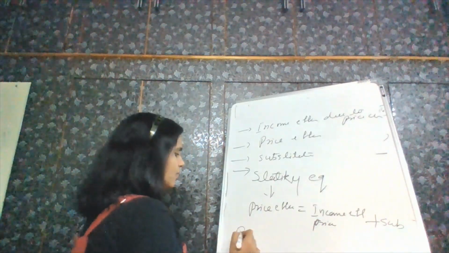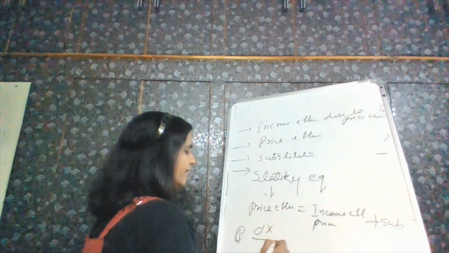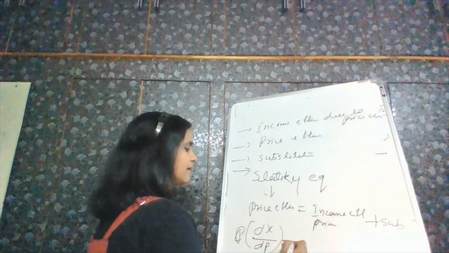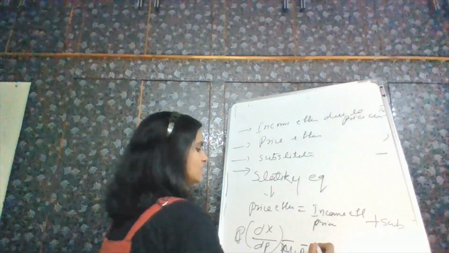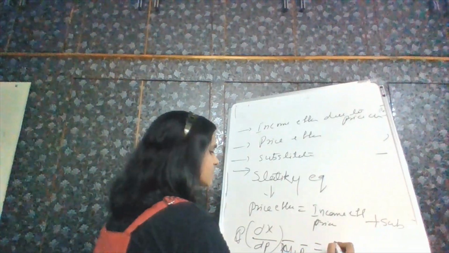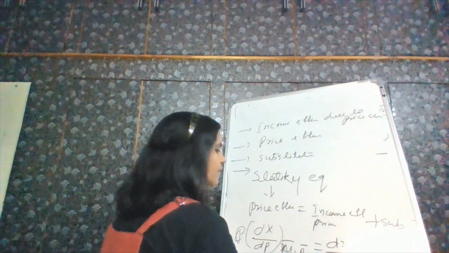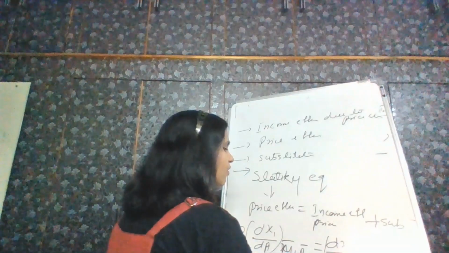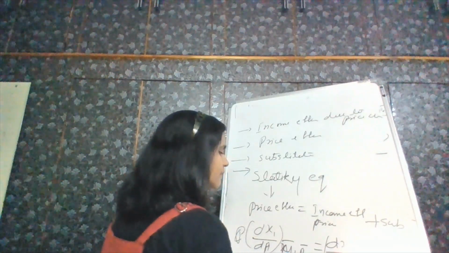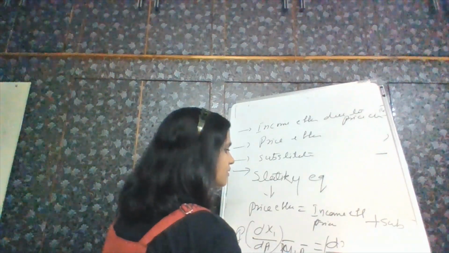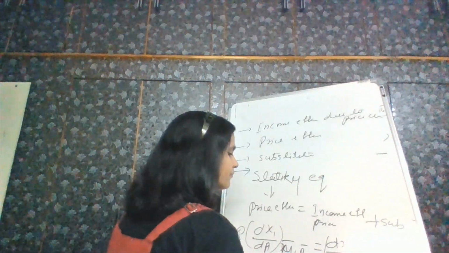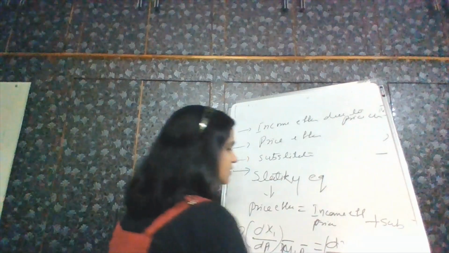So basically your price effect dx by dp1, when you keep your income constant and your price of other goods constant, is equal to your substitution effect dx by dp1, when you keep your utility constant and price of other goods constant, minus x1 into your income effect, which is dx1 by dm, keeping your price constant.